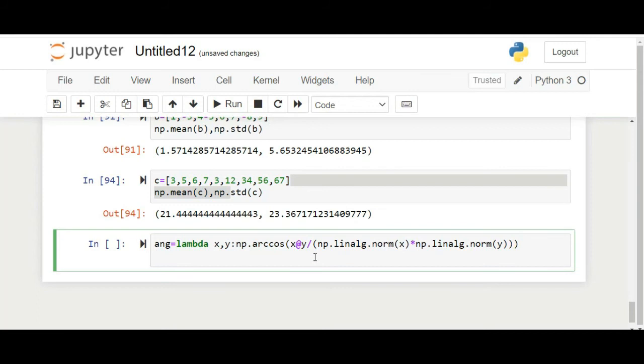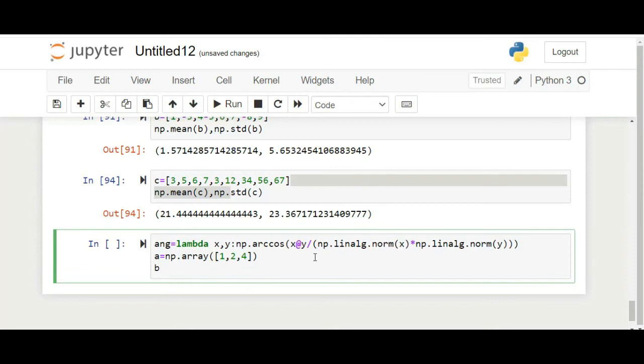and then a is equal to np.array inside the parenthesis and square bracket. We will write 1 comma 2 comma 4, and then we will write b is equal to np.array inside the parenthesis and square bracket.